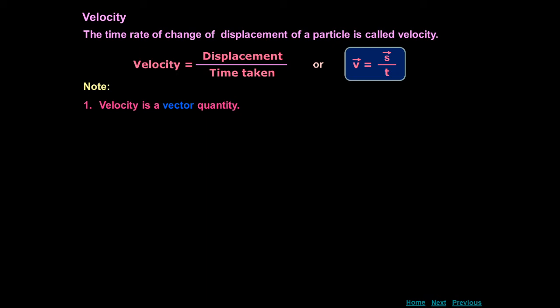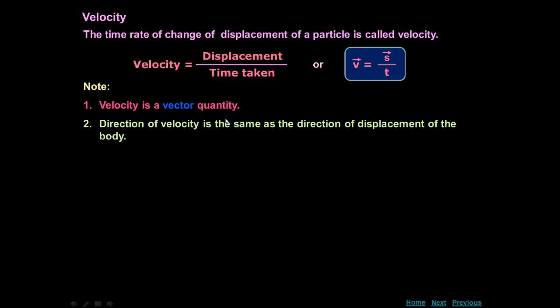Once again, velocity equals displacement by time, and displacement is from the initial to the final position and directed from initial to final. So displacement is a vector quantity.